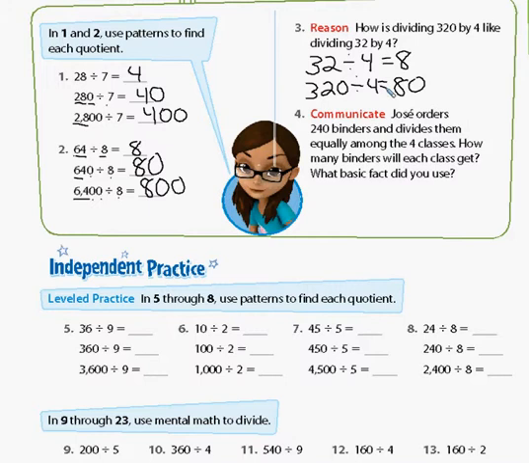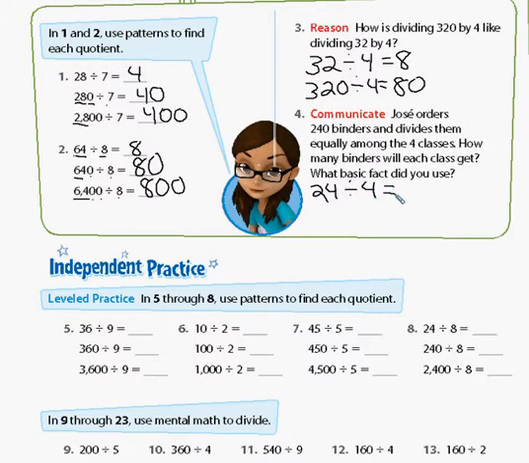On question number 4, it says Jose orders 240 binders and divides them equally among the 4 classes. How many binders will each class get, and what basic fact did you use? We know our basic fact is 24 divided by 4.